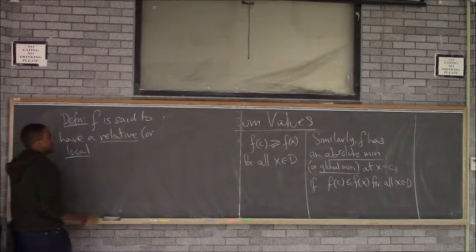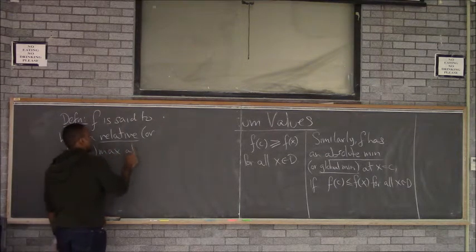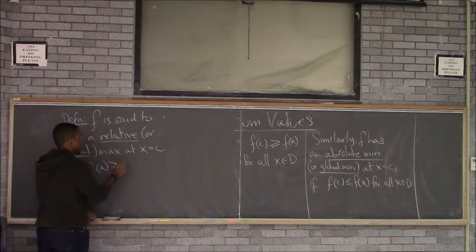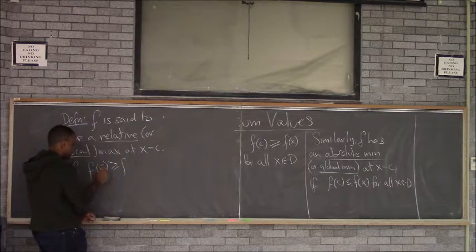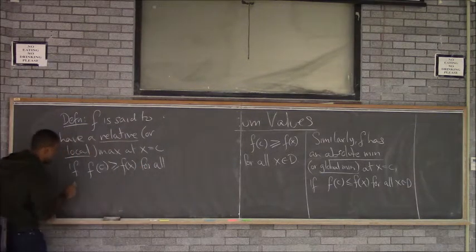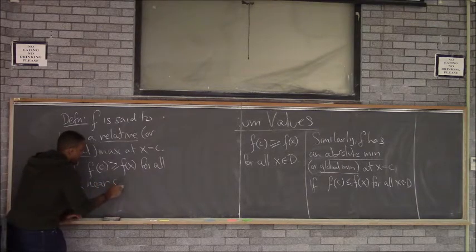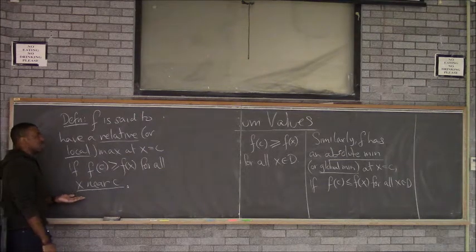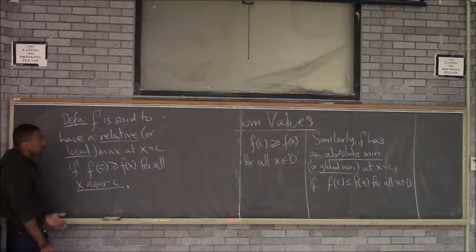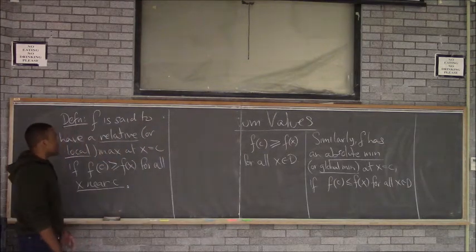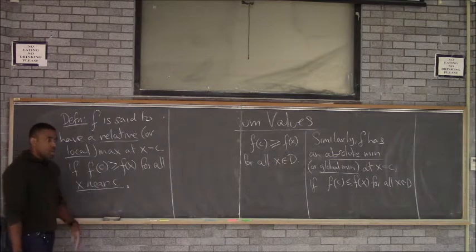There's something called a relative maximum. There's that vague language again. It just means that when you're near the point c, this y value is going to be the highest point in that local region. Probably not in general, but if we were to zoom in on that point really, really close, the y value at f of c is going to be larger.